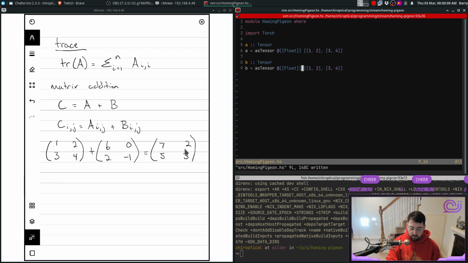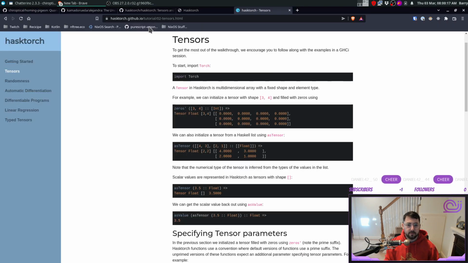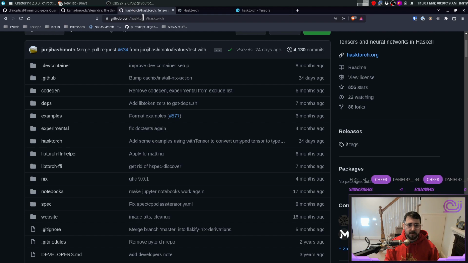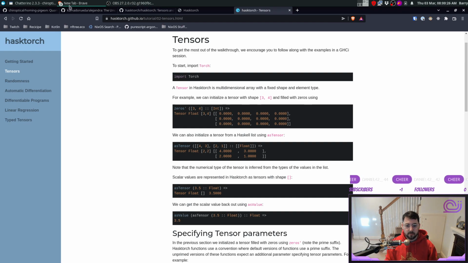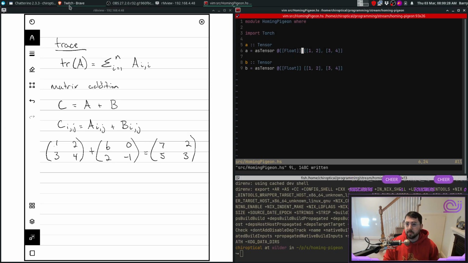I haven't done this stuff in a while, so we're doing a primer and hopefully getting everyone on the same page. And simultaneously we're messing around with Hasktorch, trying to learn how to use Hasktorch to do linear algebra so that we can solve problems in quantum chemistry.